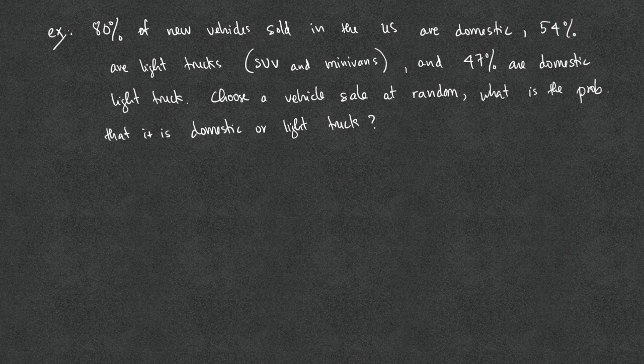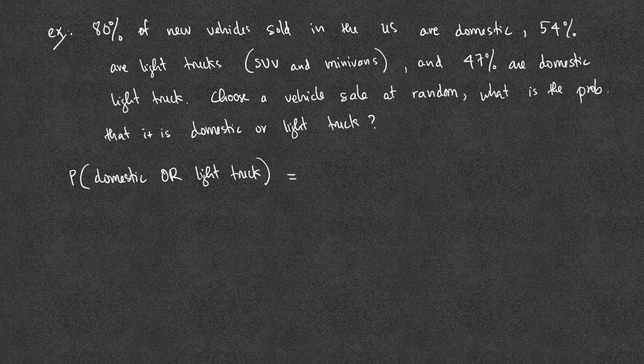We're looking for the probability of an or. So in symbolic form, this is P of domestic, and let's emphasize or, light truck. If we want, we can label domestic as event A and light truck as event B, but it is not necessary here.